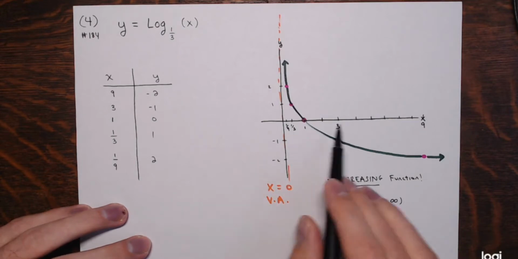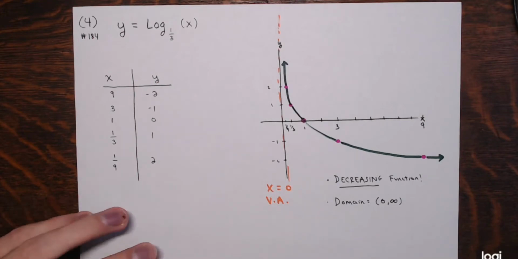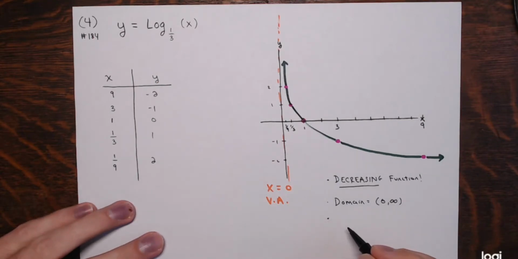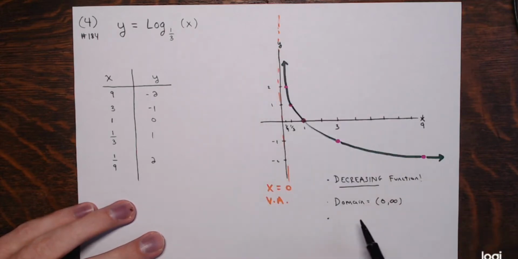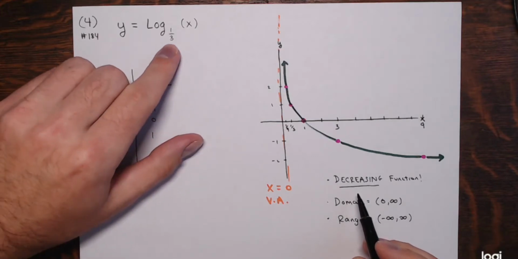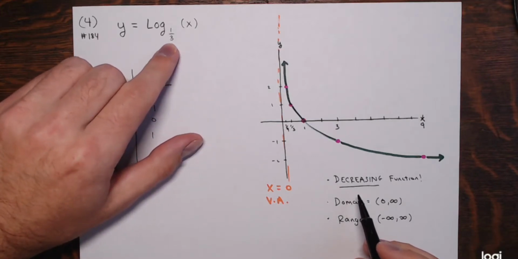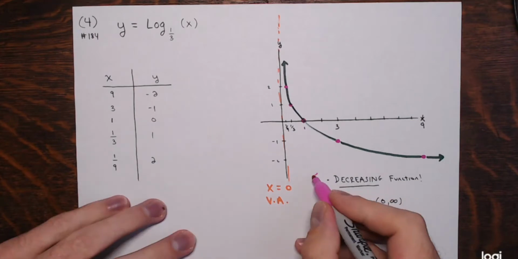I can only take logarithms of positives in order to get real number outputs, and the range is all real numbers. The only thing that changed, when the base went from being above 1 to being less than 1, is it went from an increasing to a decreasing function.